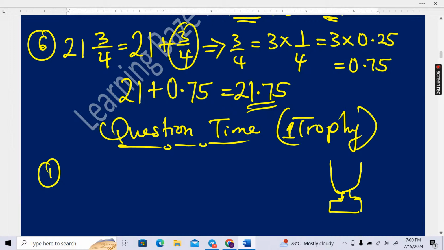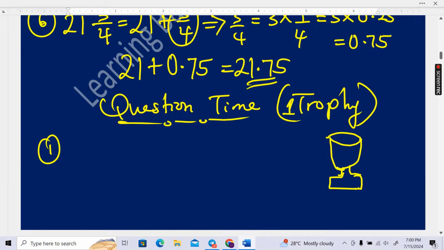So write this question in decimal. I'm going to be very simple. 8 2 over 5. I'm only going to give the first three fast students. What is the correct answer? Type your answer in the comment section. That's 8 whole number 2 over 5.